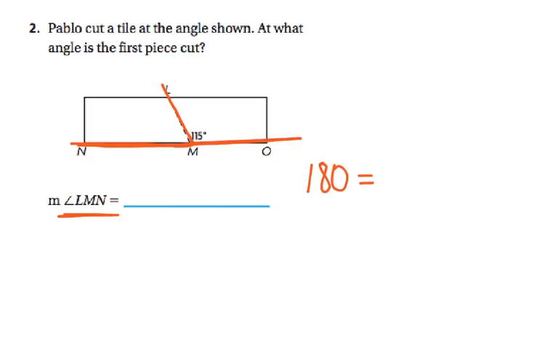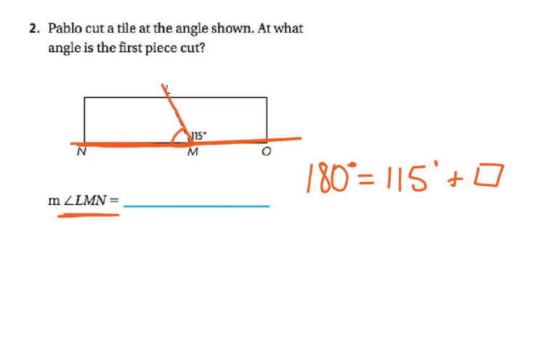So if I add 115 degrees plus my mysterious angle that I'm trying to figure out, I will get 180. This is very similar to the problem we just did.